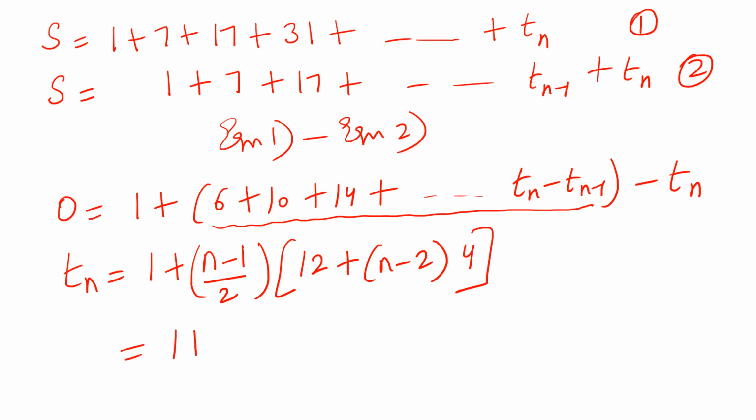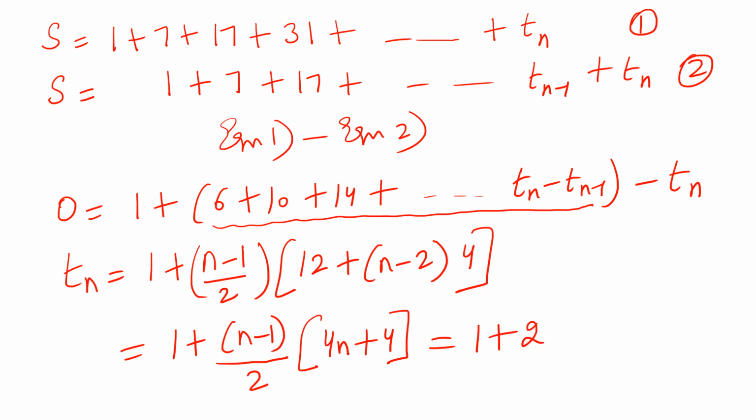So this becomes 1 plus (n minus 1) divided by 2 into (4n plus 4), and this becomes 1 plus 2 into (n square minus 1), and finally this is equal to 2n square minus 1. So that means the nth term of this different series is 2n square minus 1.